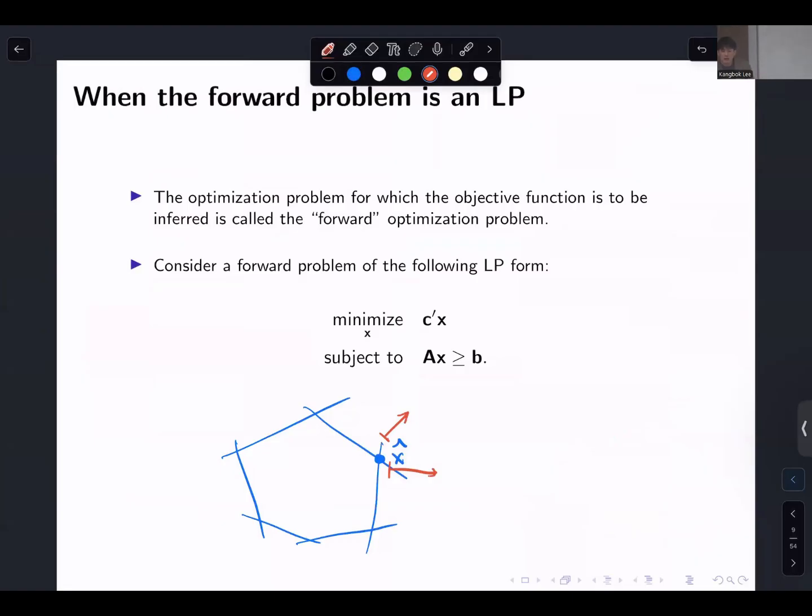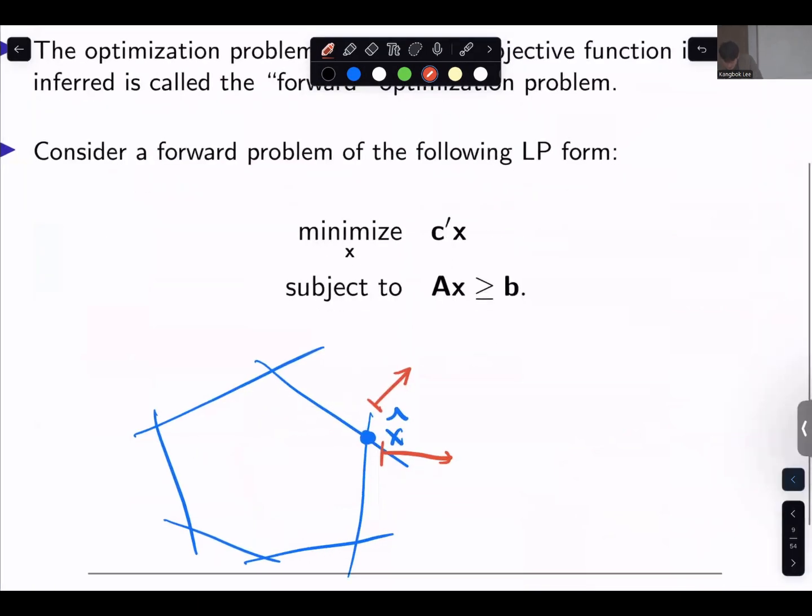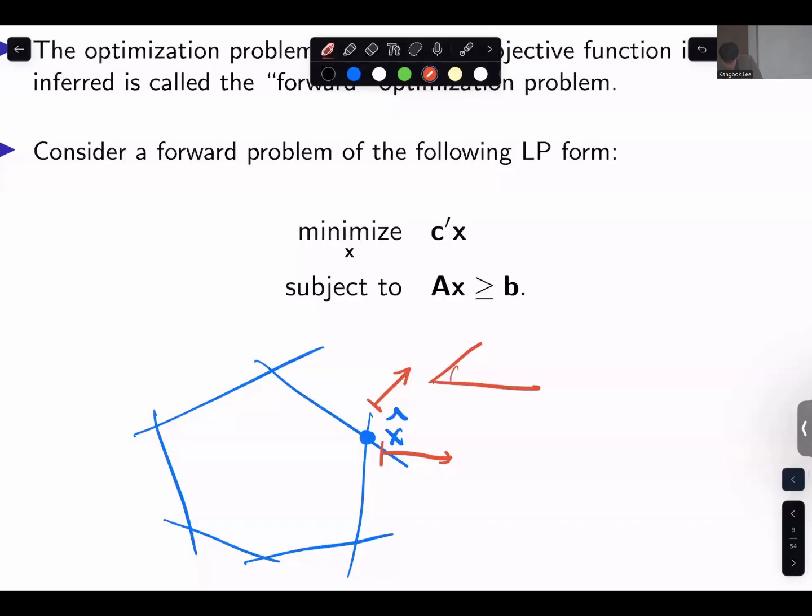Do you agree? And it is more generally a C vector that is within the conic combination of these two red vectors, right? If you pick any C vector that is inside the conic combination of these two, it's going to be a C vector that can make that solution optimal. Okay? So very simply put, this is how inverse optimization works in an LP setting.